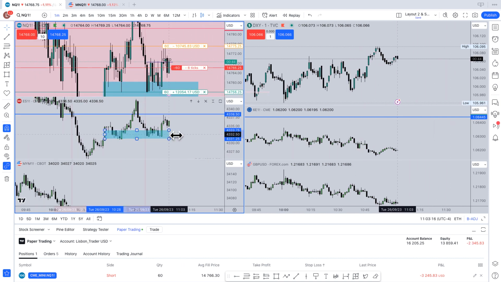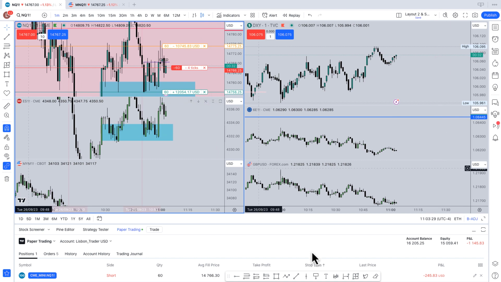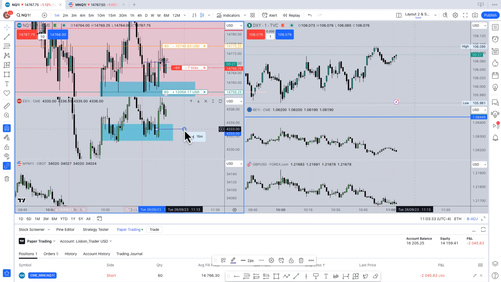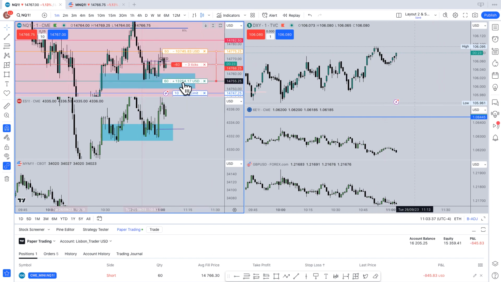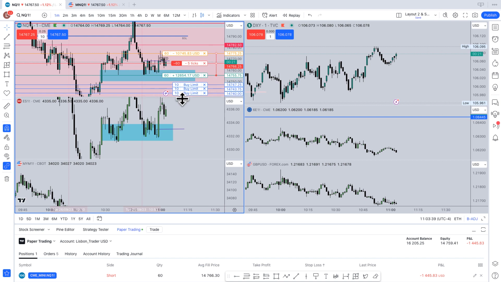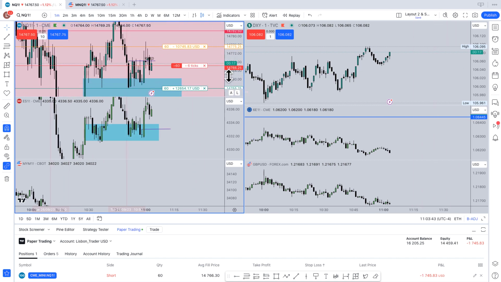Here it created a fair value gap. It's trying to push higher, but it will reject. We'll go until this level, possibly retouch here, and then move higher, while NQ might just try to buy these sell stops. So let's see.